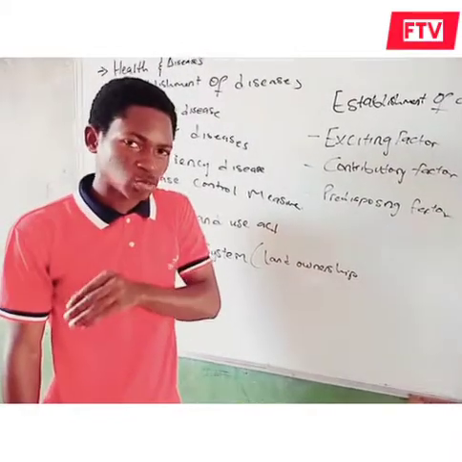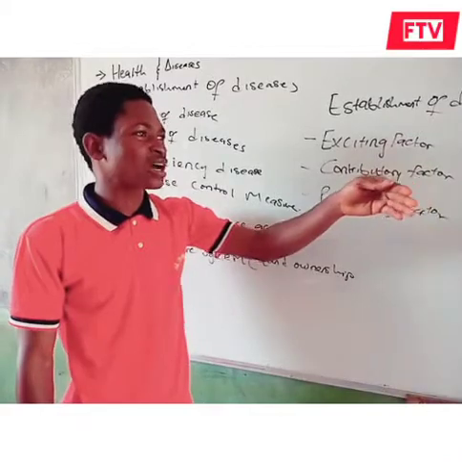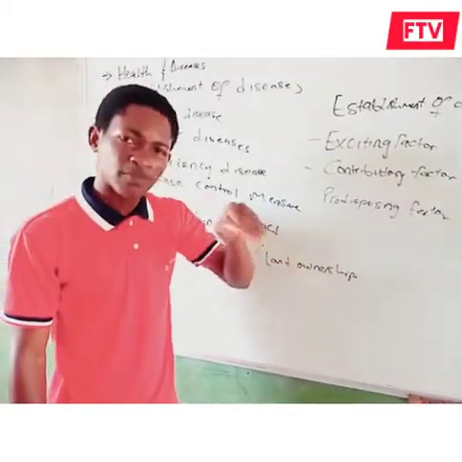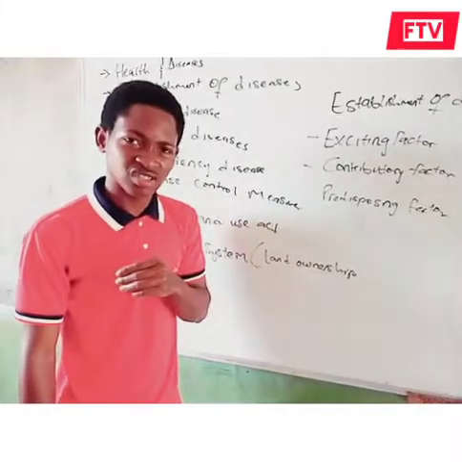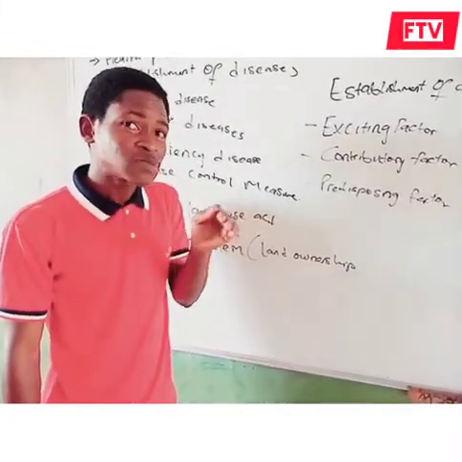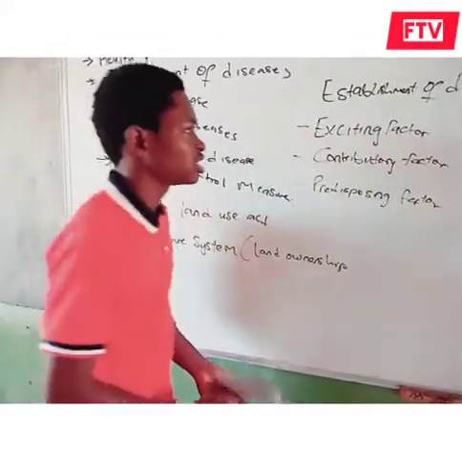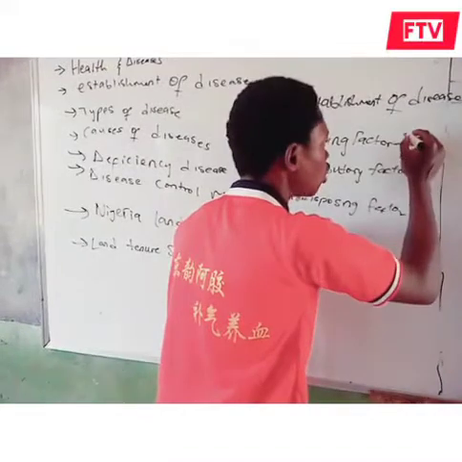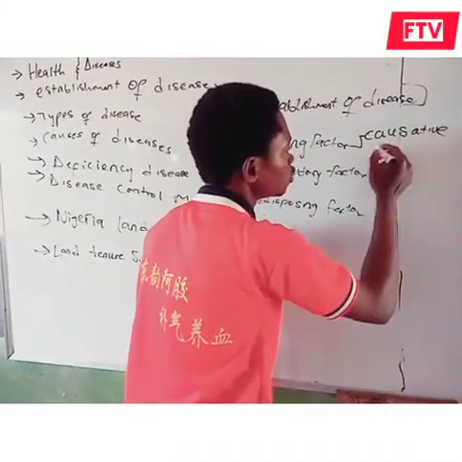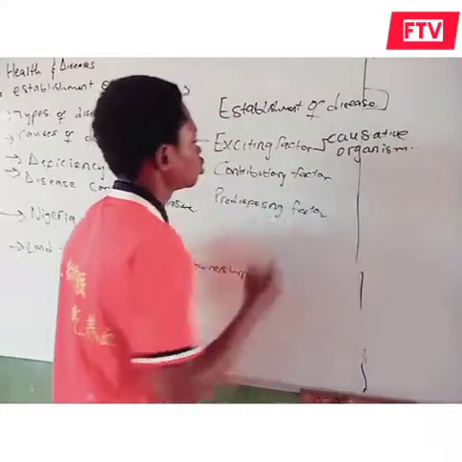If you are also talking about bird flu, for instance, in birds, there is a particular organism that causes this disease. It might be virus, it might be bacteria, it might be any other thing. So that is the organism that causes the disease, that is the causative organism. Causative organism is what this exciting factor is all about.